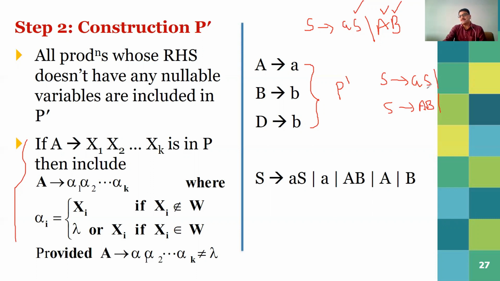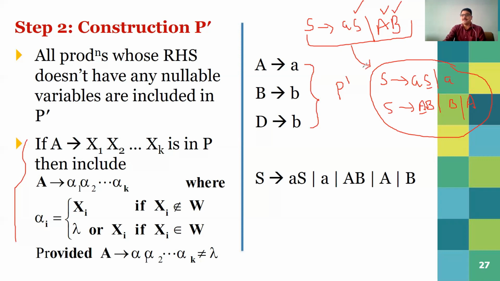So if we place null here, then we can find another terminal, that is simply A. Similarly, if AB is there, if we place null value of A here, then we can find B. And if we place null value of B, then we can find A here. So now after applying step 2, we can find the production rule of S in this way.